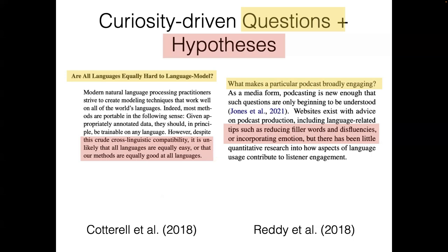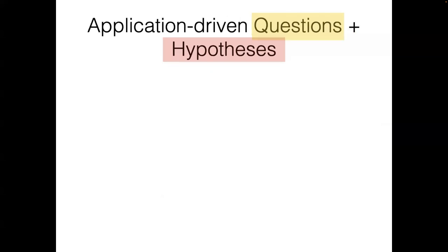So it looks like they have some underlying hypothesis about this question, and it also looks like they're interested in aspects of language usage. So again, sometimes it's very clearly laid out. Sometimes you have to read and ask, what is their underlying question or hypothesis?